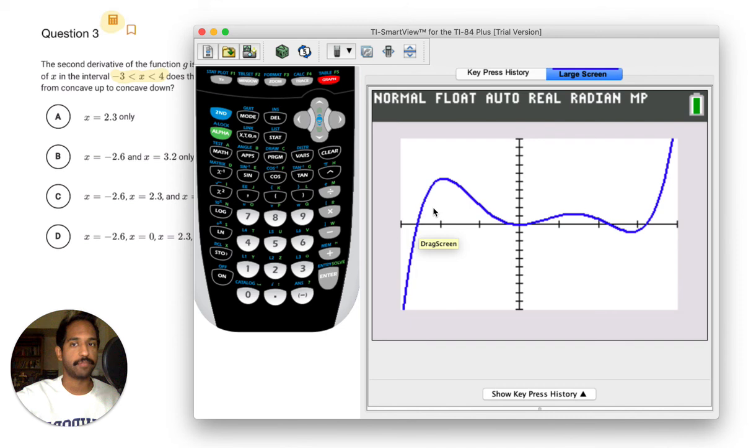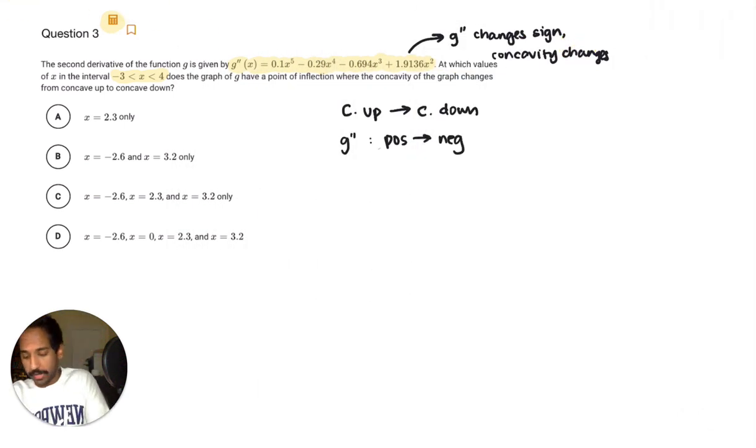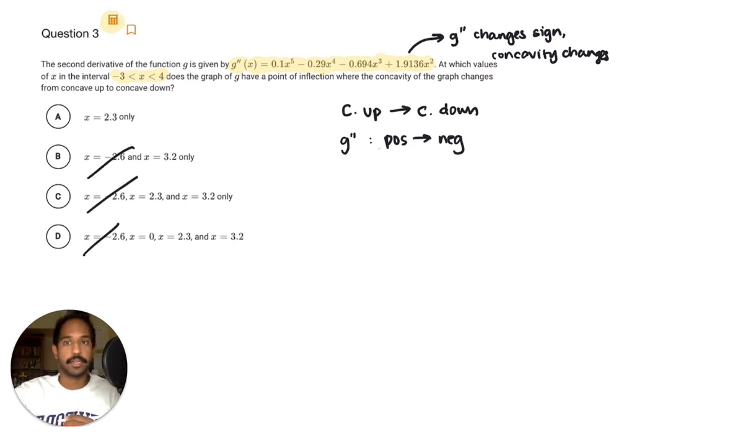But that's not what we're trying to find. We're just trying to find when it changes from concave up to concave down, which means from positive to negative. It seems that only happens in one location, and we already ruled out those possibilities. Actually, all of these, because -2.6 is wrong for all of them. And so our answer has to be A. It only happens when x equals 2.3.